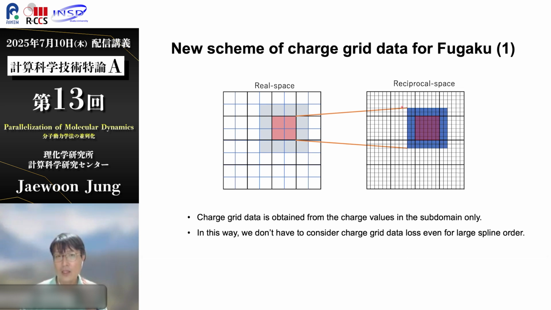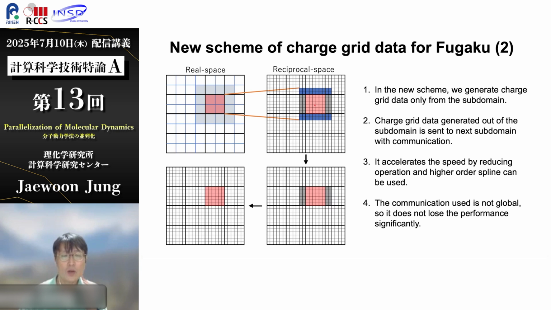And then from this one, we perform communication. First of all, to the neighbors, we send and receive this charge grid data to the upper and lower.